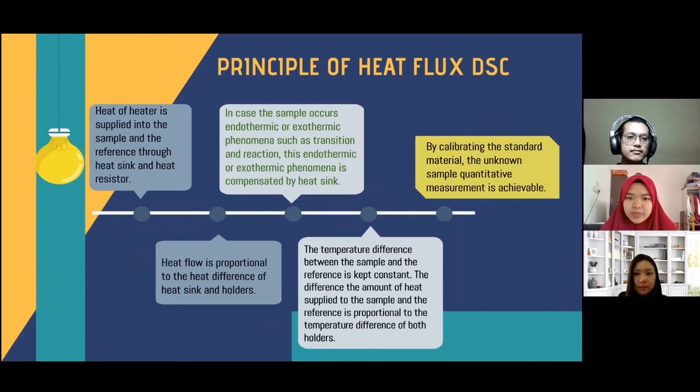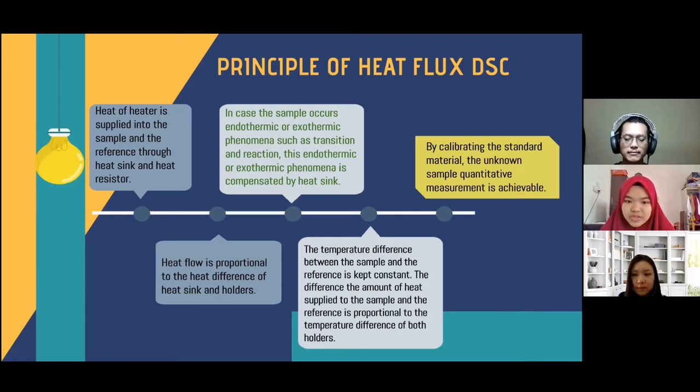Okay, for the principle of heat flux DSC, we have 5 principles. First, the heat from the heater is supplied to the sample and the reference through the heat sink and also the heat resistor. Then the heat flow is proportional to the temperature difference of the heat sink and holders. In case the sample undergoes endothermic or exothermic phenomena such as transition and reaction, these are compensated by the heat sink.